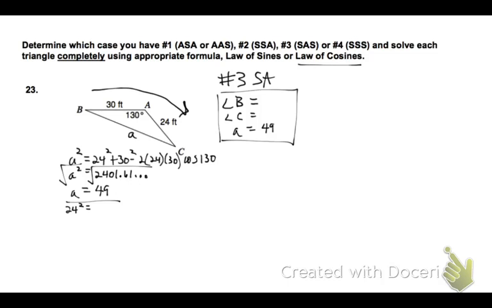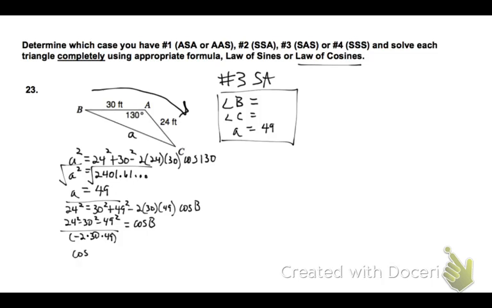So I'll say 24 squared equals, and then I use my other two side lengths, which is 30 squared, and then the one that I just found, 49 squared, minus 2 times those two lengths, and then times the cosine of the angle I'm looking for, which is angle B. So I'm going to subtract my squareds over, and then I'm going to divide by -2 times 30 times 49. And that should give me the cosine of angle B.